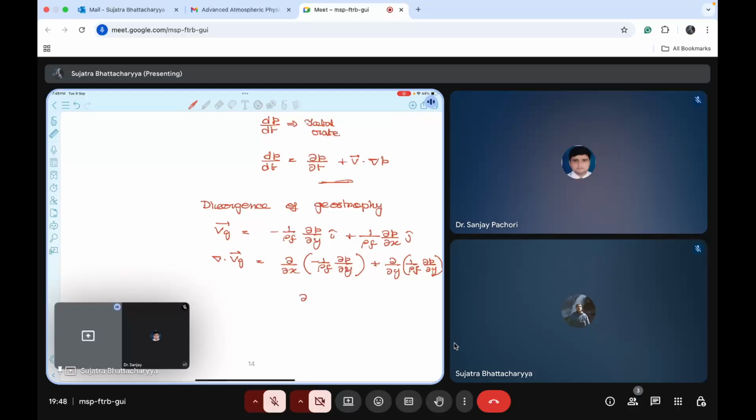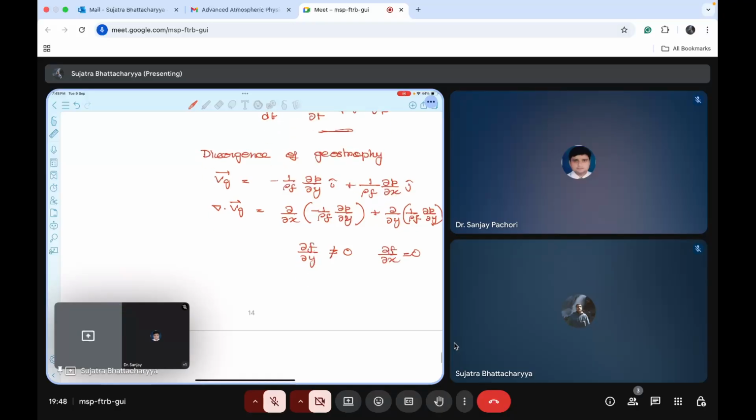Just remember delta f by delta y is not equal to 0. Delta f by delta x can be taken as 0. There is no variation of f with x, but variation with y you cannot ignore. So how will you do it? You can write delta f by delta y as delta f divided by a delta phi, where a is the radius of the earth and phi is the latitude, and f is 2 omega sine phi.